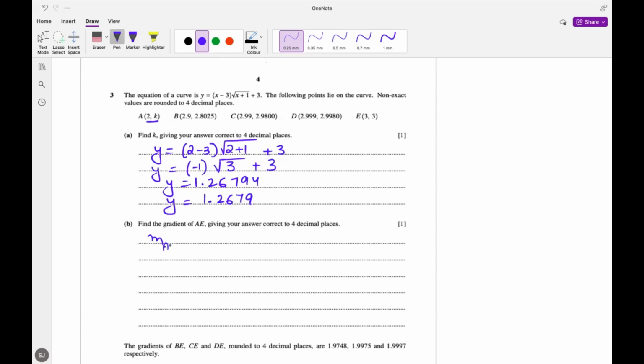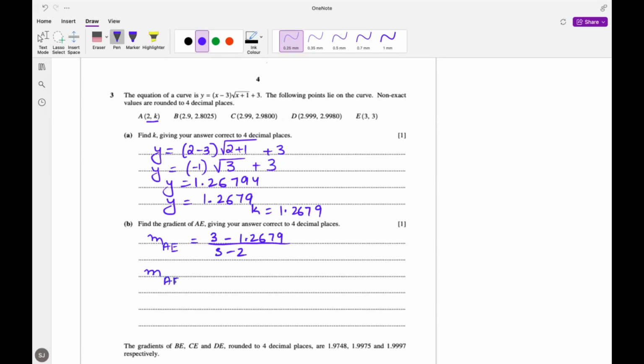In part B, we have to find the gradient of AE, giving our answer correct to 4 decimal places. So to find the gradient of AE, we'll simply apply the formula y2 minus y1 over x2 minus x1. As K or y is equal to 1.2679 in point A, that will become 3 minus 1.2679 divided by 3 minus 2. So 3 minus 1.2679 becomes 1.73205 divided by 1.